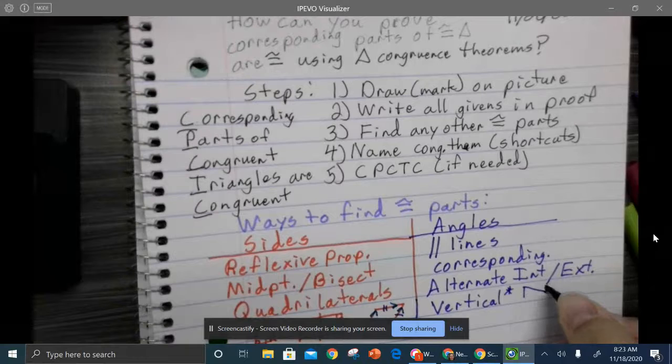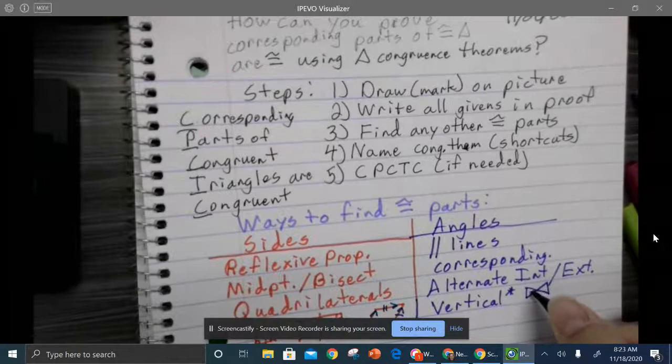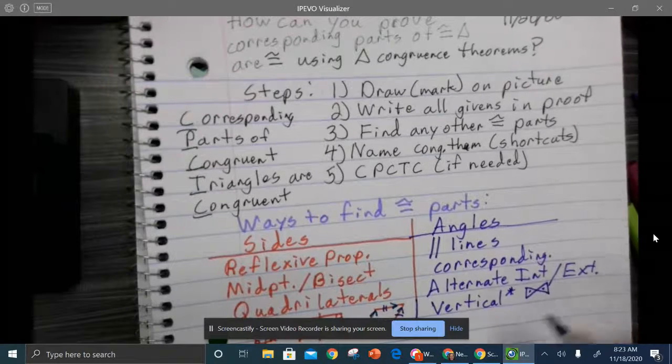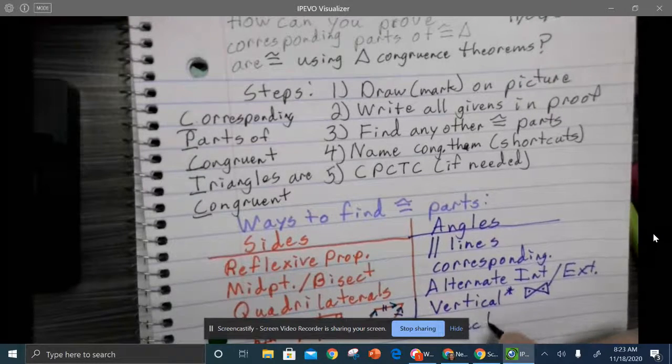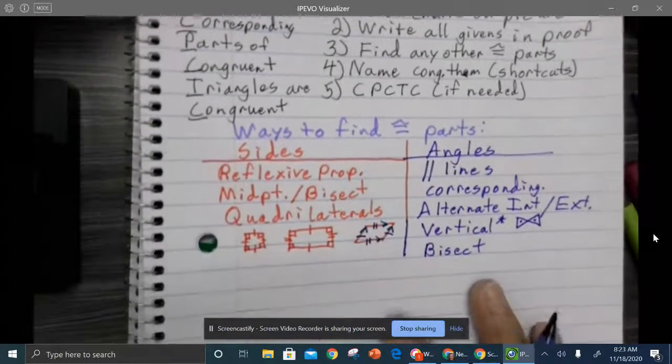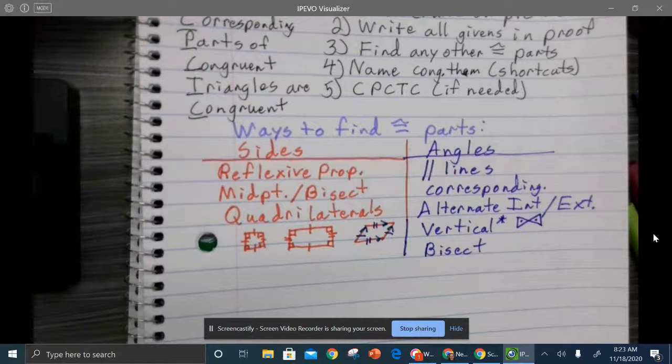Specifically remember our bow ties. And our angles can also be bisected. Okay, let's do a couple proofs with this.